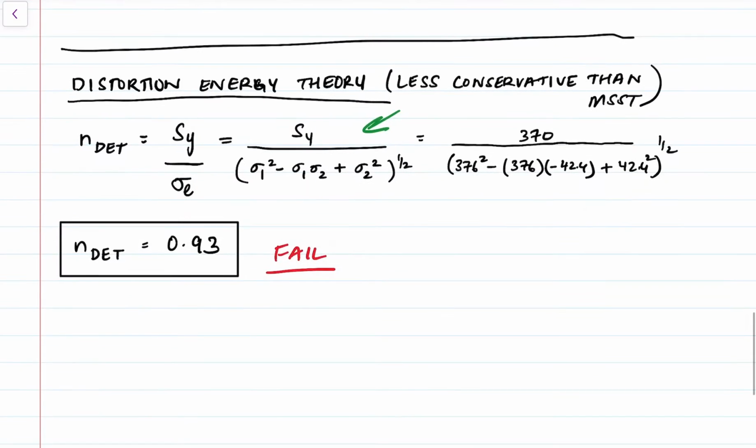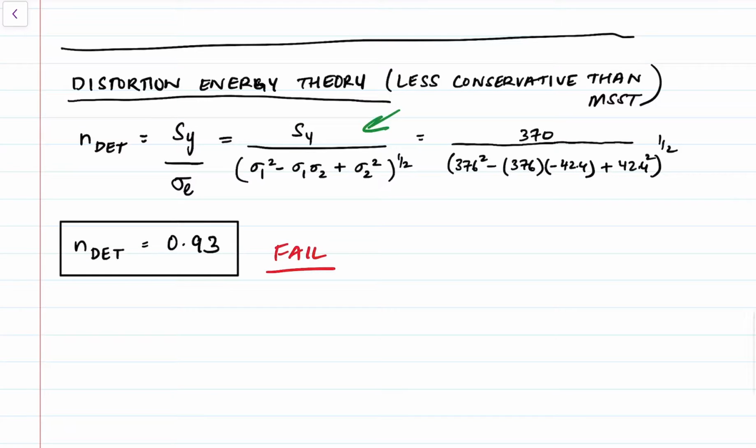Because as I mentioned earlier, MSST assumes that the shear yield strength is 0.5 SY, and DET assumes that the shear yield strength is 0.58 SY. So as you can see, distortion energy theory predicts a higher strength in shear than MSST does.